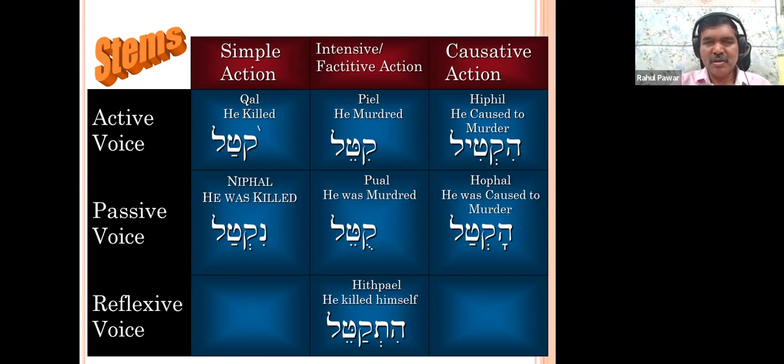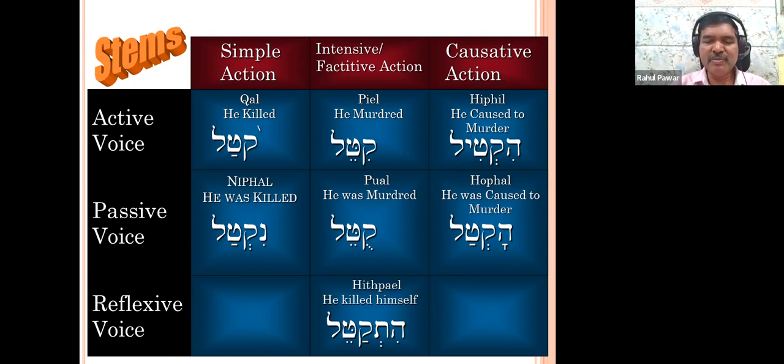But one very important thing about verb conjugation is that you do not have to remember all the paradigms. For Qal, if you see in your workbook, there is first person, second person, third person, then participle, then infinitive absolute, then infinitive construct.